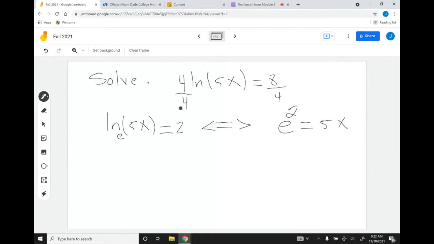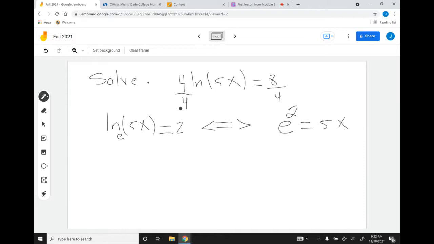Okay. Remember, e is not a variable. e is a constant, just like pi is. Remember when you were learning pi for the first time, pi is a number, and yes, we use the symbol pi to represent the number. But pi and e are not variables, they're constants.